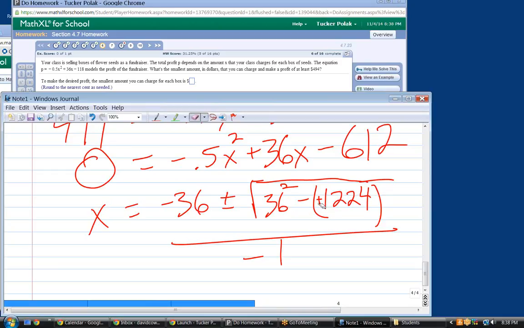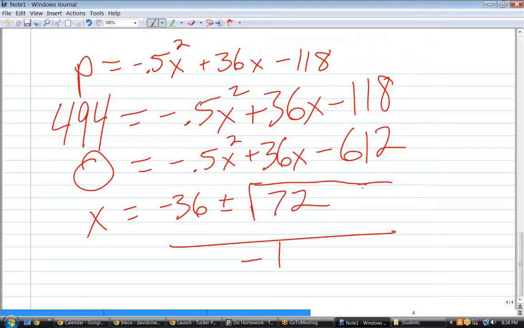So I can replace everything in there with a 72. Now you see why I hate these kind of problems? Because they unnecessarily use these giant numbers. What's the point of that? Now we got to reduce the square root of 72.